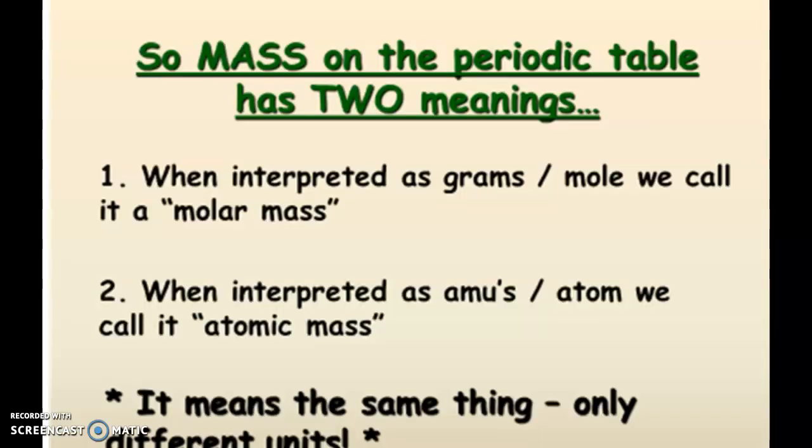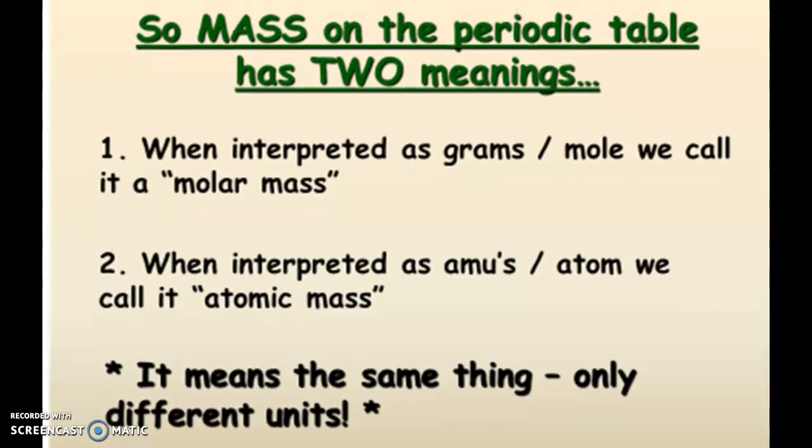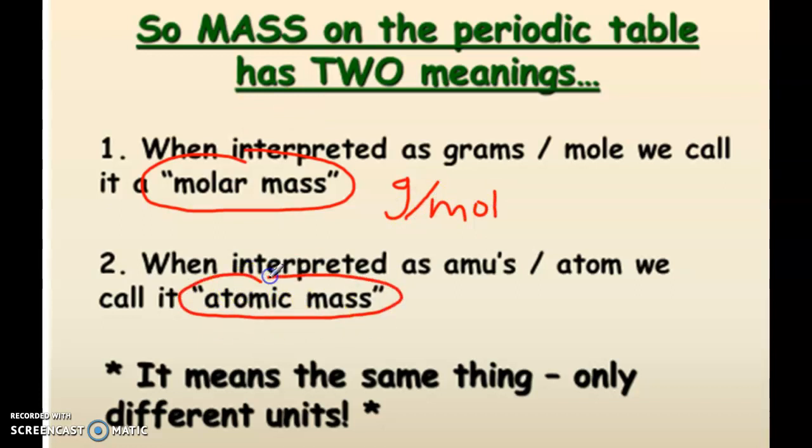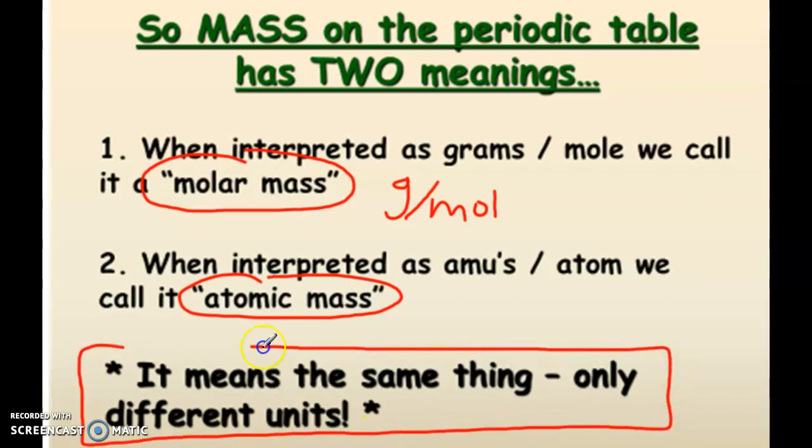So now the number on the periodic table can go two ways. We can interpret it as the molar mass, and the unit is grams per mole. Or it can still be what we've been learning up till now, the atomic mass. It's the exact same number. The only difference is the units we're using.